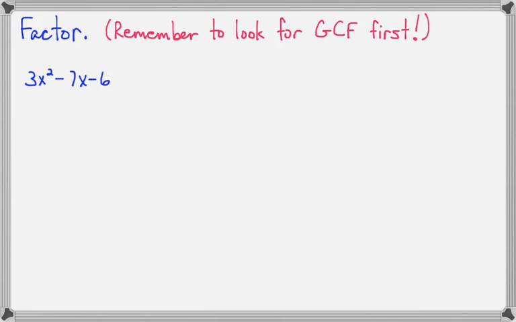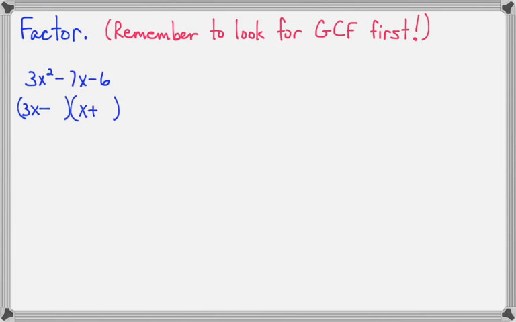So let's try to factor 3x squared minus 7x minus 6. We're going to set down our 2 sets of parentheses. And first times first has to be 3x times 1x. The signs need to be different. Now last times last has to make 6.